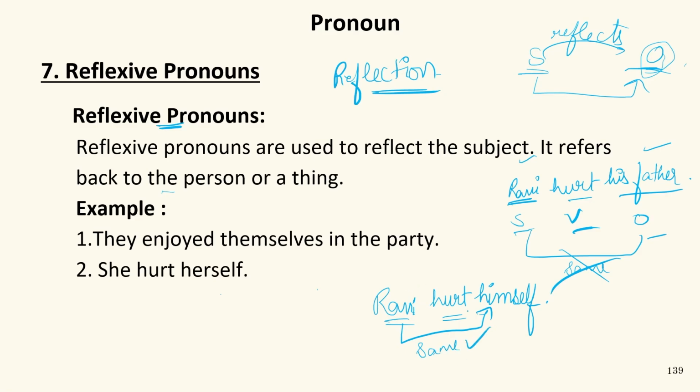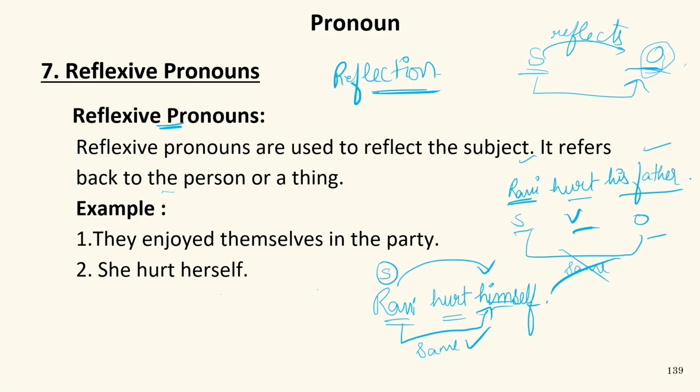Ravi is talking about himself, or we are talking about Ravi itself. It means Ravi hurt himself. He did not hurt anyone else. In fact, he hurt himself. Here, the subject is reflected in the object. It means subject and object are the same.